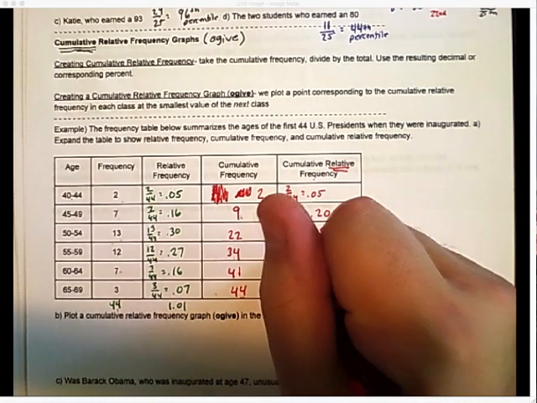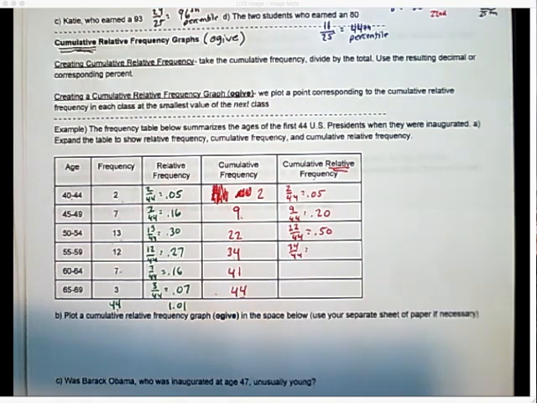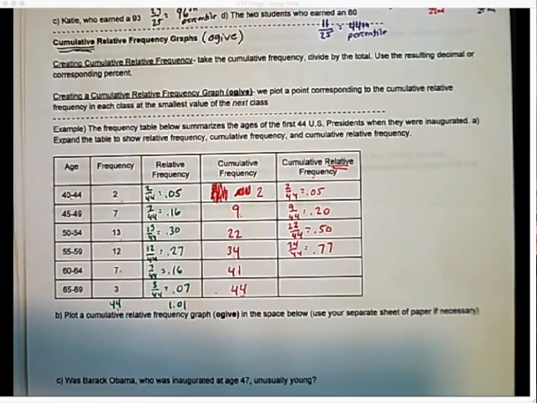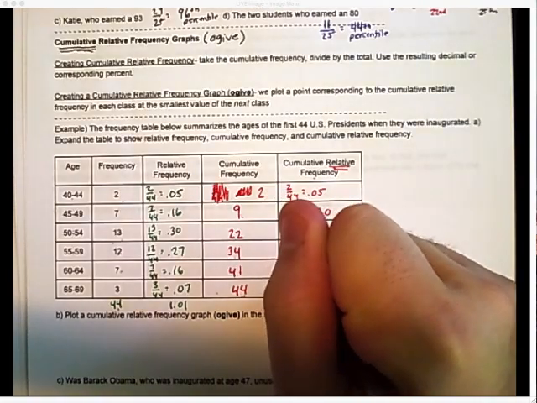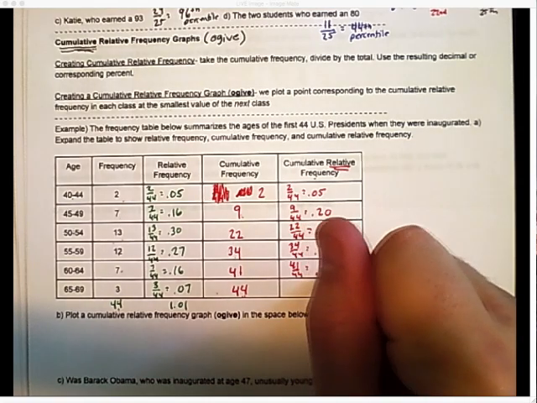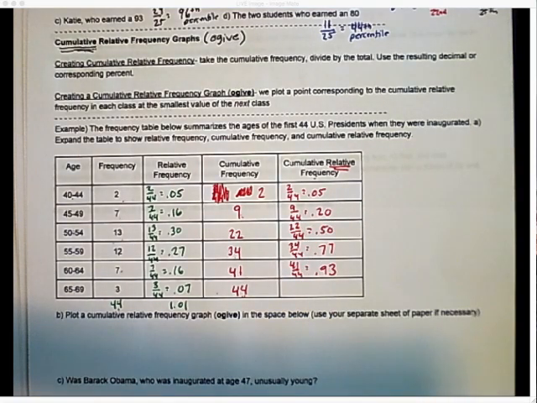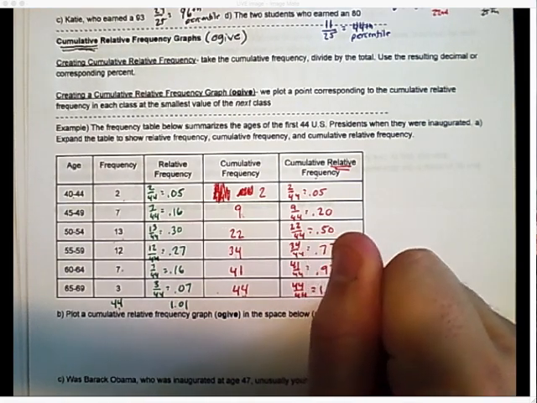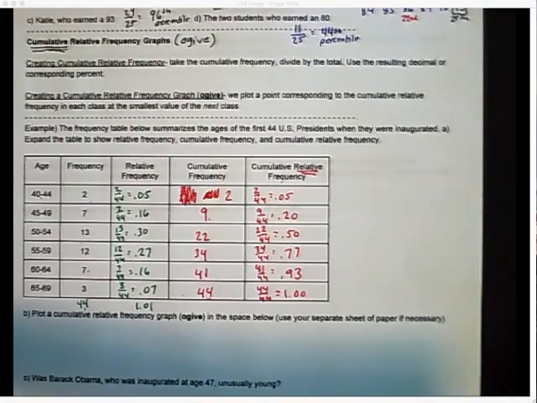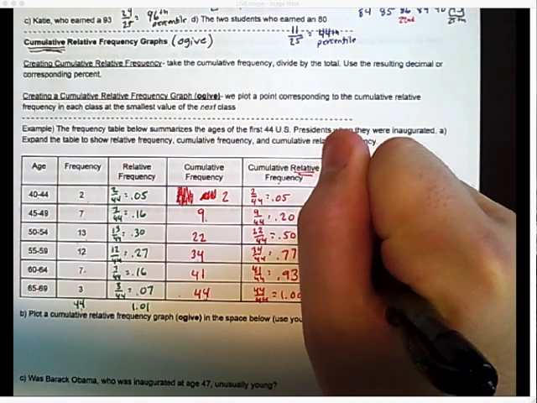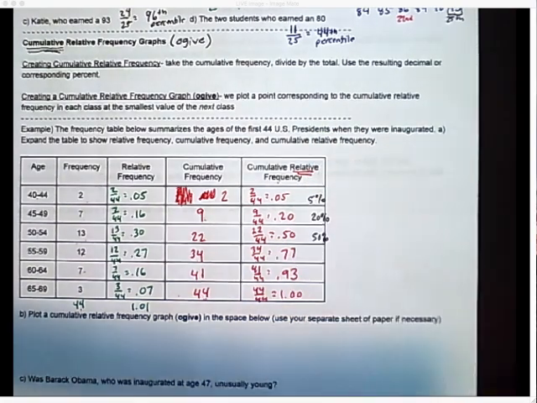If you do 34 out of 44, that's 0.77. All right, if you do 41 out of 44, it's 0.93. Now obviously 44 out of 44 would be exactly equal to 1. Okay, and you can express these as percents. So you could express this as 5%, 20%, 50%, so on and so forth.